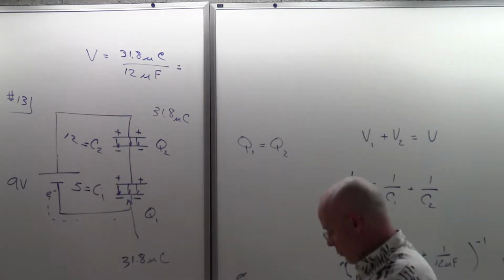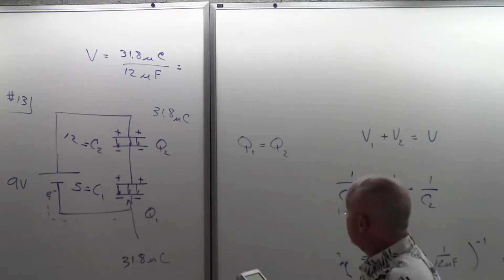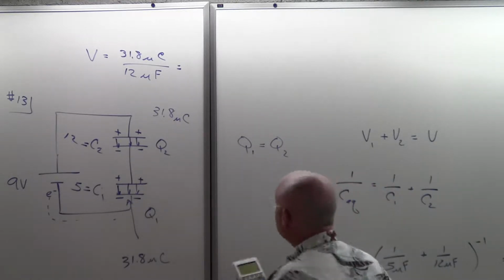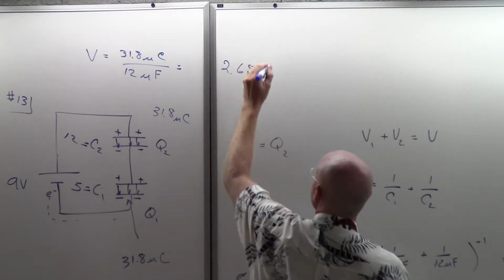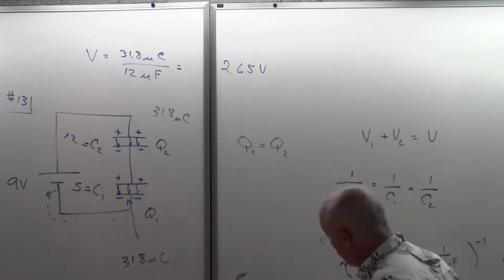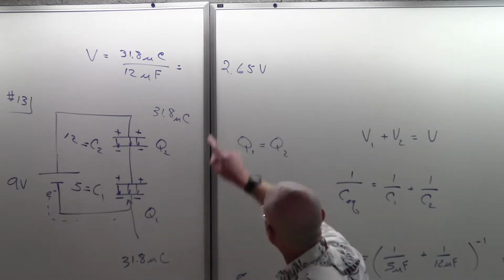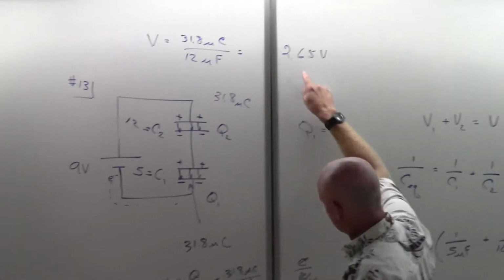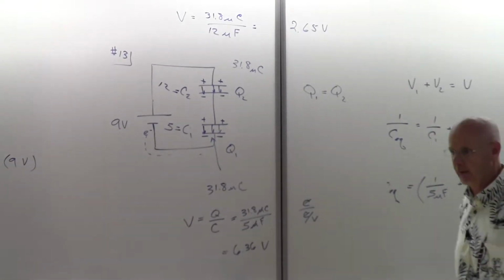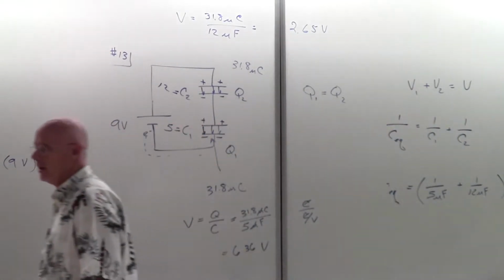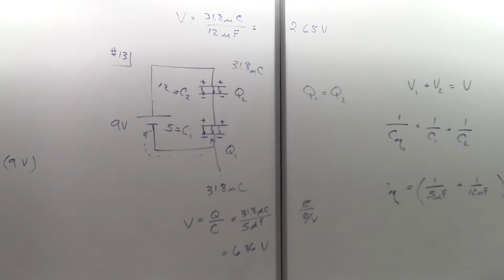And 31.8 divided by 12 gives me 2.65 volts here. And then hopefully, when I add those together, I get 9, other than it rounds up to 9.01. So, other than a little bit of rounding there, I have got the voltage.